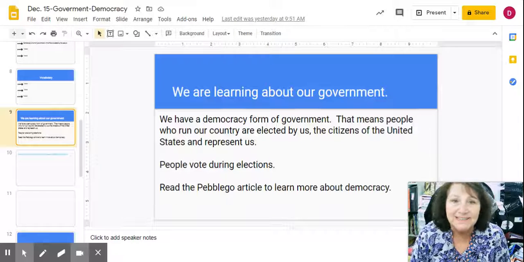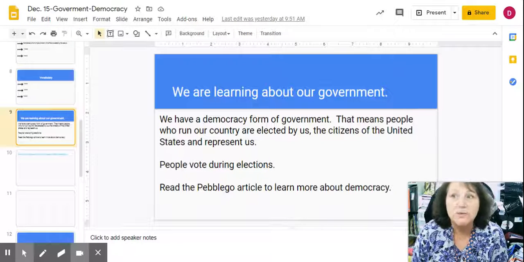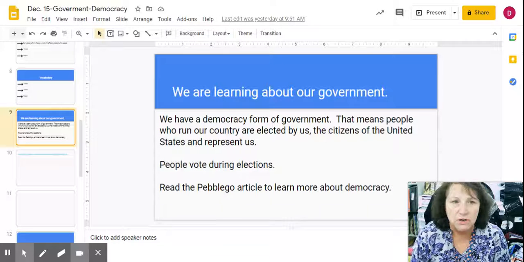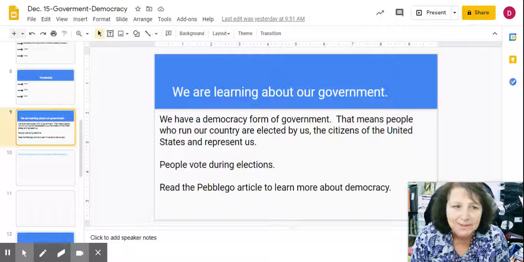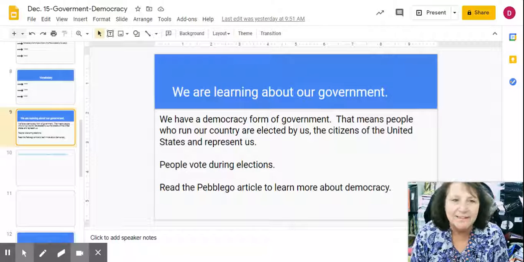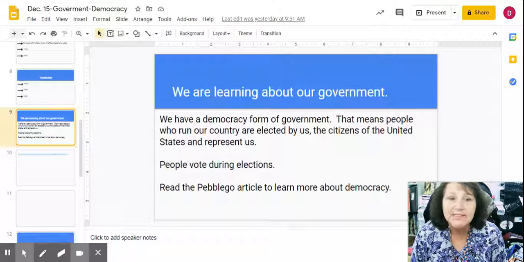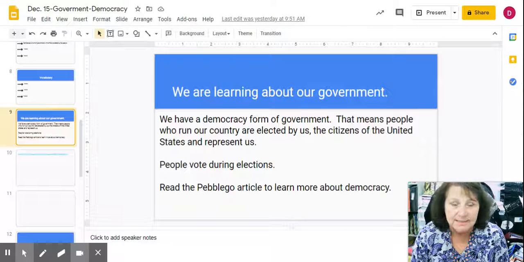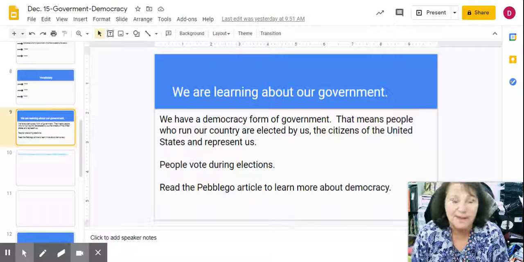People vote during elections to elect certain people to hold a position. Just a couple of weeks ago, we had an election to elect the president of the United States, the person who lives in the White House and makes decisions and passes laws. And he represents us, people who voted.